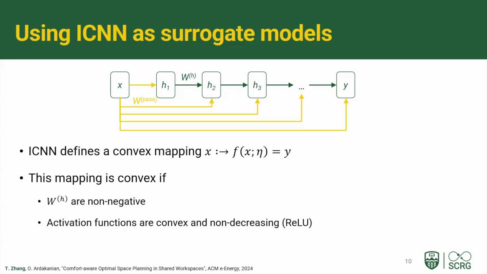For example, in this case, we use a ReLU activation function. Because of those constraints, we lose some of the representation capability of the neural network itself. That's why we have these extra layers that link the input layer to all of the hidden layers, in order to make sure that we can learn more information from the data that we provided.